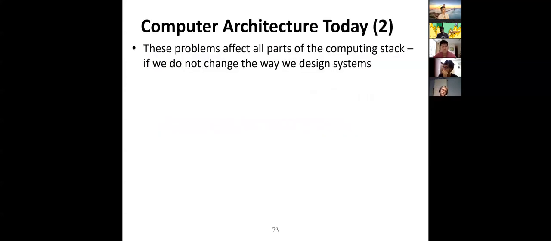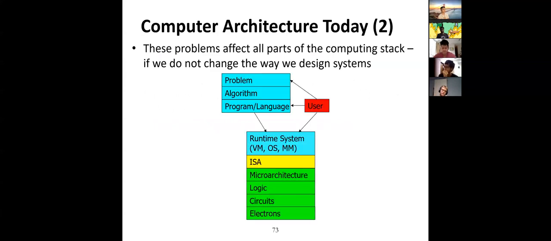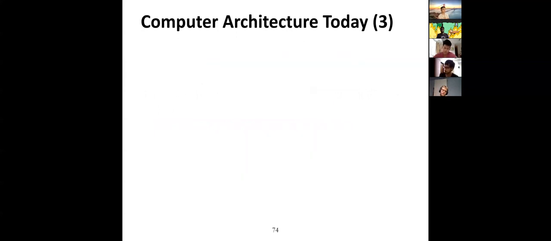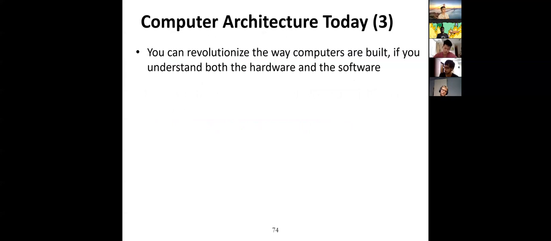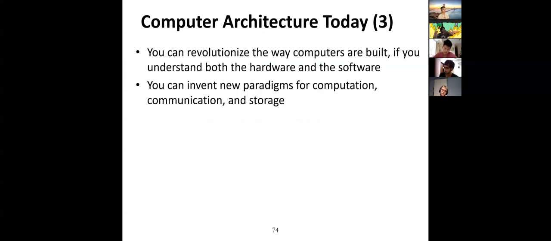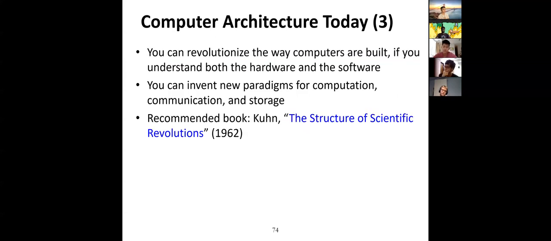These problems affect all parts of the computing stack. If we do not change the way we design systems, we need to think about the full system stack to make a real impact. You can revolutionize the way computers are built if you understand both the hardware and the software stack well. You can invent new paradigms for computation, communication, and storage.